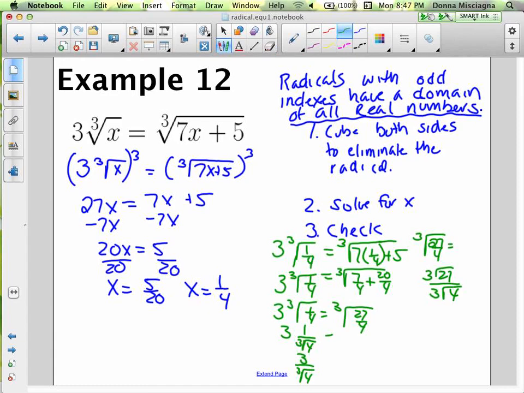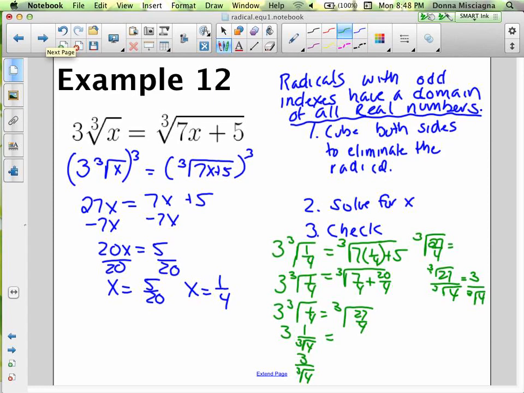All right, so now let's continue simplifying this. So 27 is a perfect cube, right? And the cube root of 27 is 3. And you can't do anything with the cube root of 4, right? Because it's not a perfect cube and it doesn't have a factor that's a perfect cube.